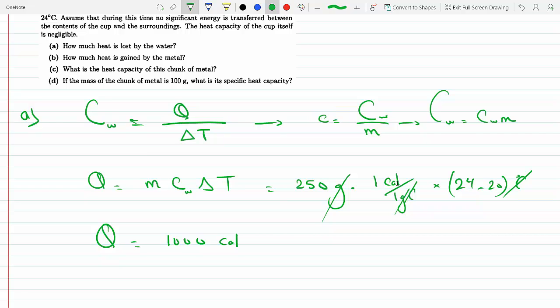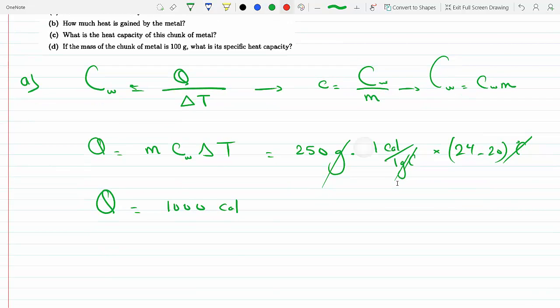How much heat is gained by the metal? Well, it would have to be the same, correct? It has to be the same because that's what I just explained. Whatever was gained by the metal from the boiling water was delivered to the water in the styrofoam cup by the metal.